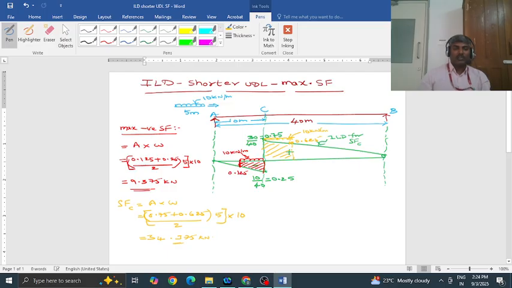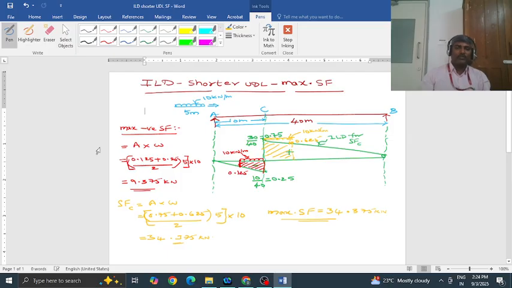So you can see now, as we discussed earlier, maximum positive shear is going to be maximum among these two values. So you have to report your answer. Maximum shear force at section C is equal to 34.375 kilonewtons.